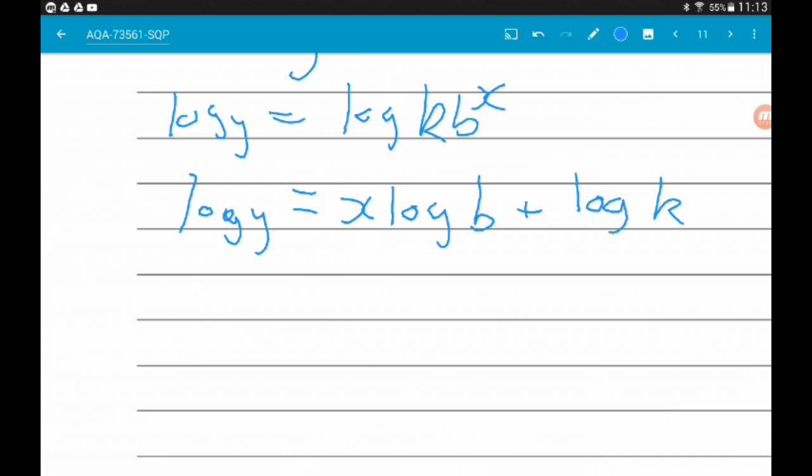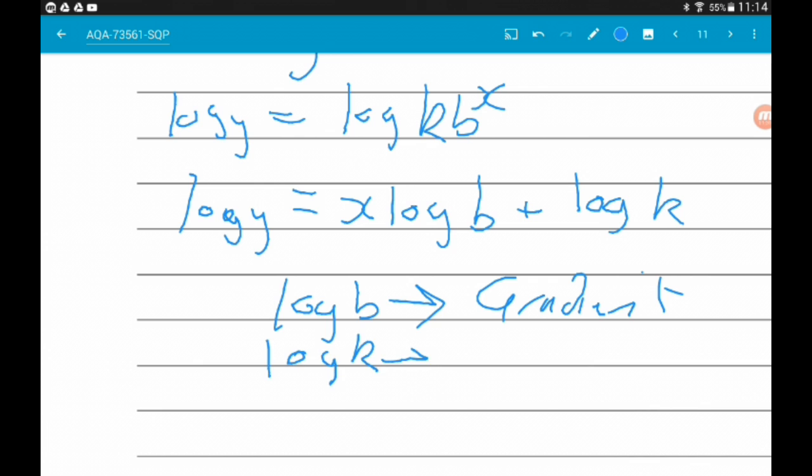Well, log b is the gradient and log k is the intercept on the vertical axis, so it's the log y intercept.